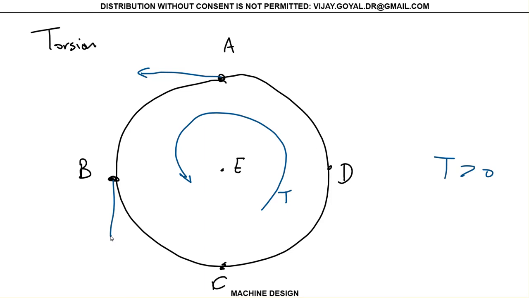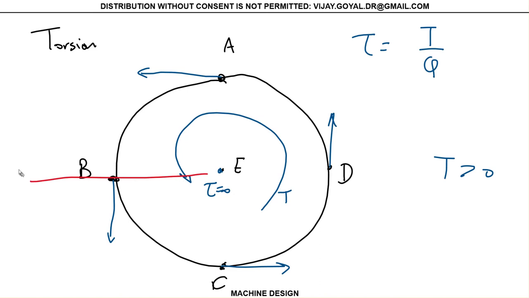The stress here is this, but then it's zero at the middle. This is zero. And all these stresses are nothing else than T over Q. Now you have to watch out. Let me add our axis. This is the z-axis. This is the positive.